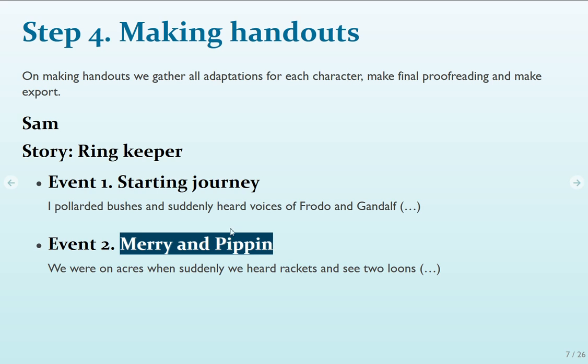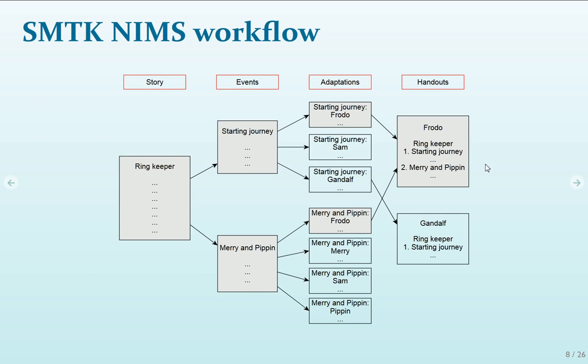All this workflow can be shown in one picture. We have a story, we split it into events, we make an adaptation of each event for each event participant, and then we group these adaptations by characters and make export.